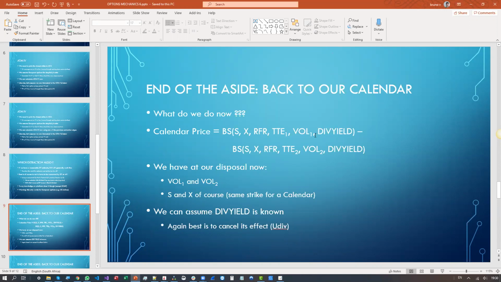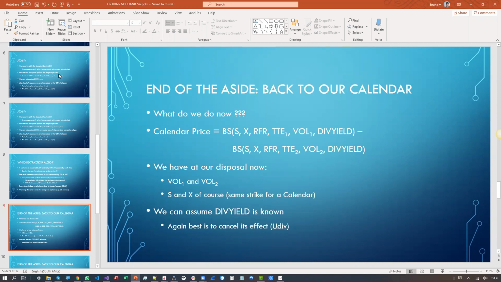But technically, the discounted dividend yield for the first expiration is not the same as for the second expiration. So we have vol 1 and vol 2 from the IV curve, the straight line, whatever. We've got the underlying and the strike, and we assume dividend yield is known or is set to 0. So it's actually quite easy to calculate the calendar price.